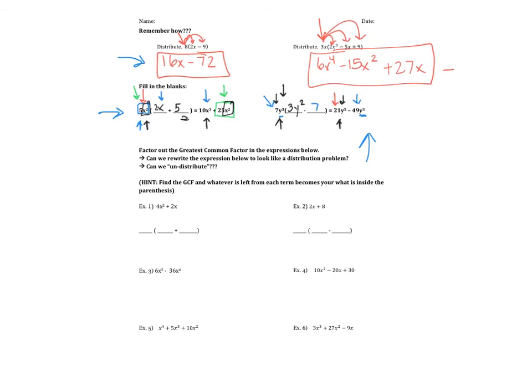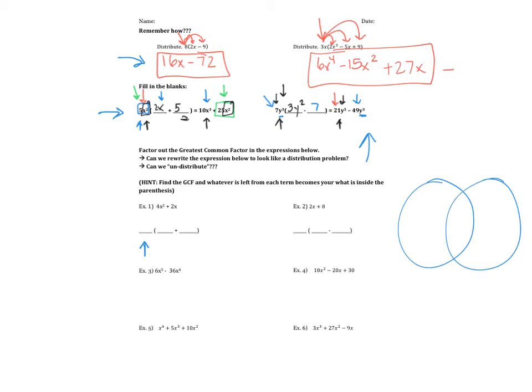So for the next example, what you're going to do is find the greatest common factor, and that is the term that you are going to put outside on this line right here. Okay? So if you want to use your Venn diagram, you are more than welcome to. You are just going to have to draw it on your own, like I did here.